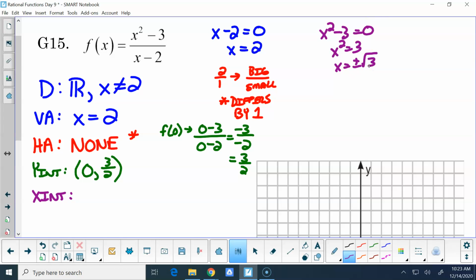So that gives me 2 x-intercepts. One at the square root of 3, comma 0. And one at negative square root of 3, comma 0. Step number 5.